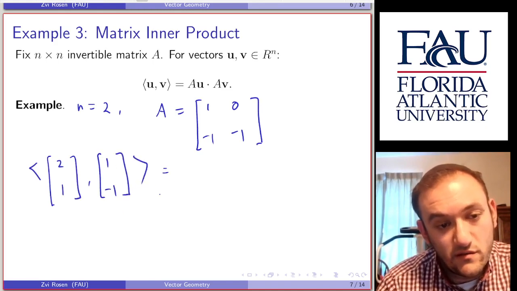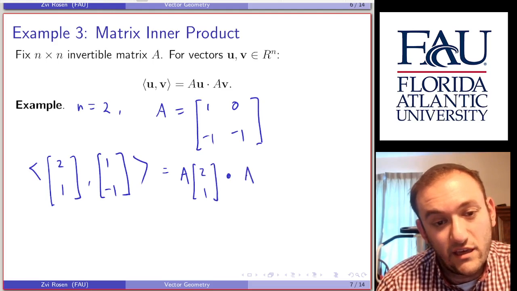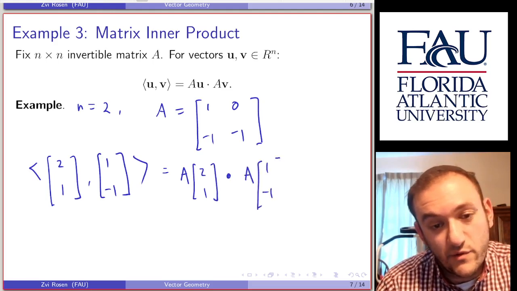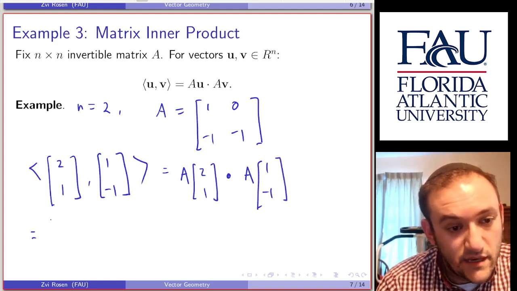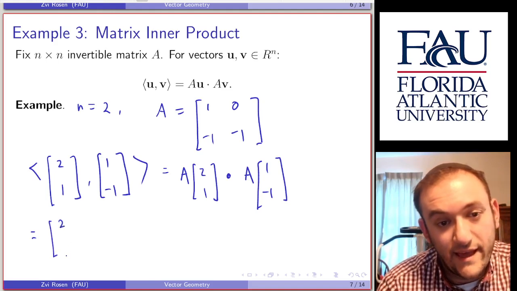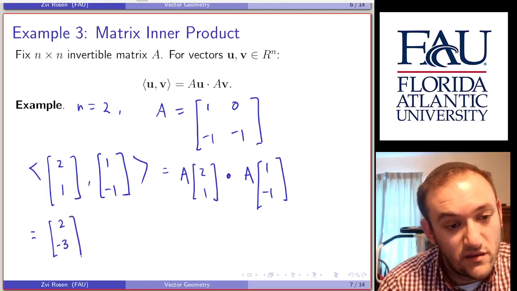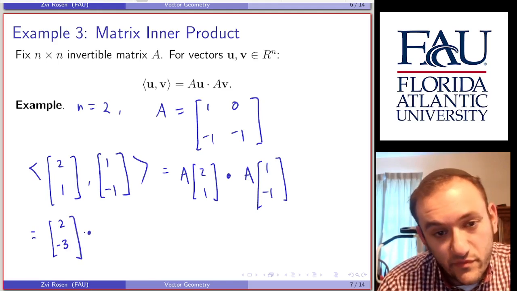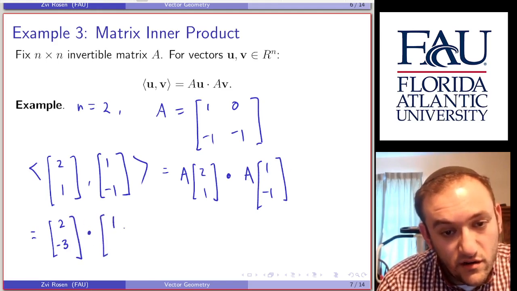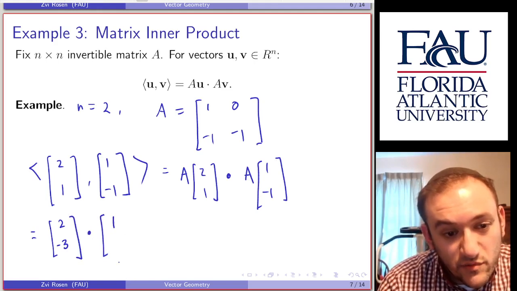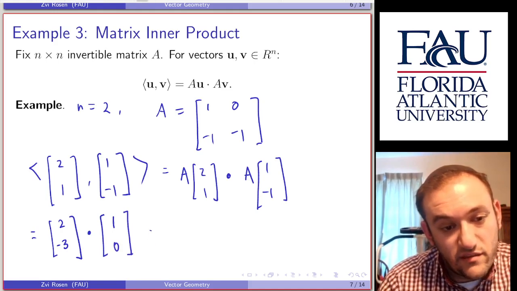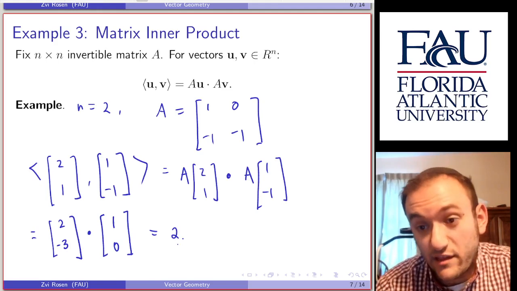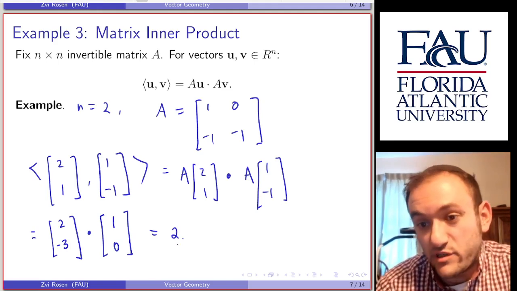So this would be equal to A times (2, 1), dot product with A times (1, -1), which would give us (2, -2 - 1) = (2, -3), dot product with (1, -1 + 1) = (1, 0). So we end up with 2 as our result. So that would be the inner product using this matrix product.